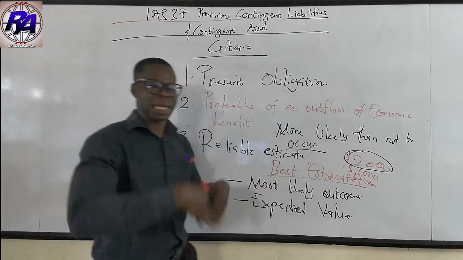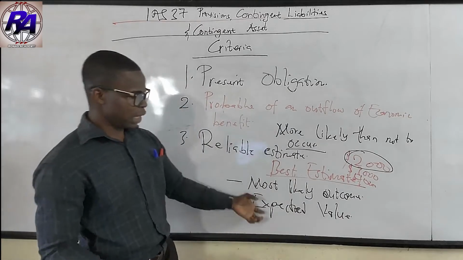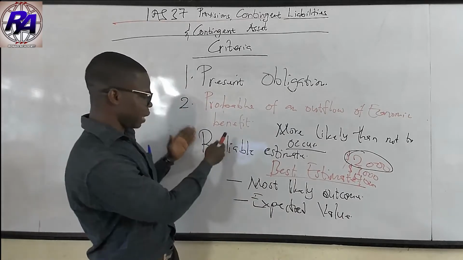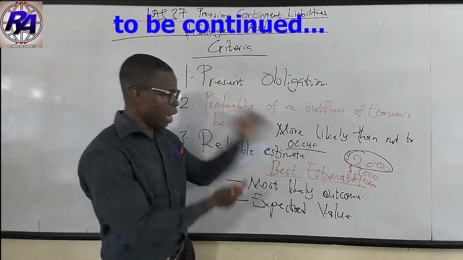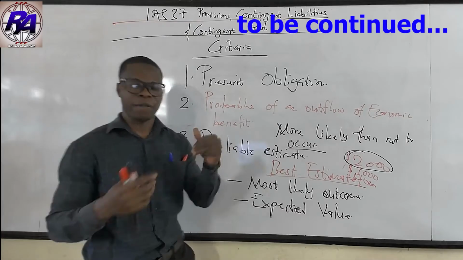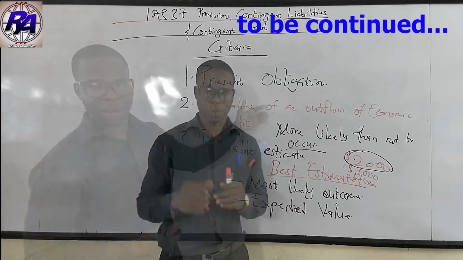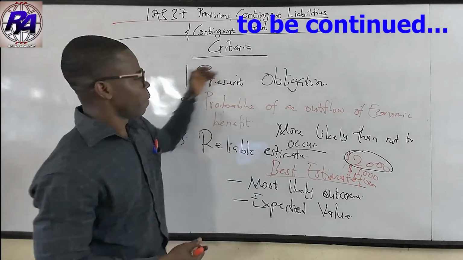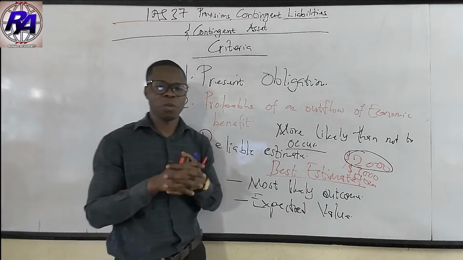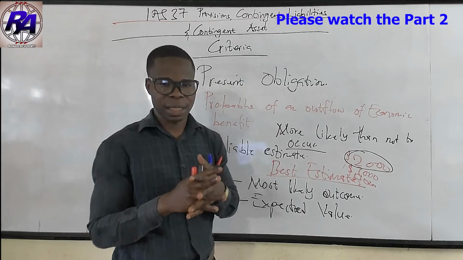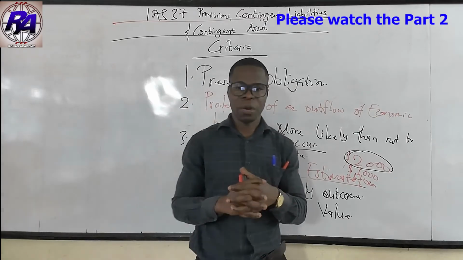That will be the expected value. So you are supposed to differentiate them when it comes to the third criterion, the reliable estimate, as to the value you should place on your provisions. So please remember that these three criteria are all supposed to be met before one can recognize and present the provisions in the books of the entity.